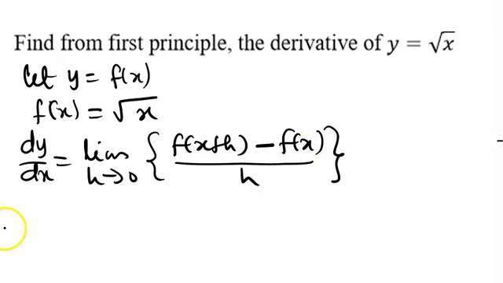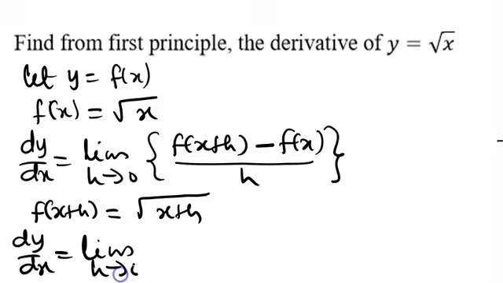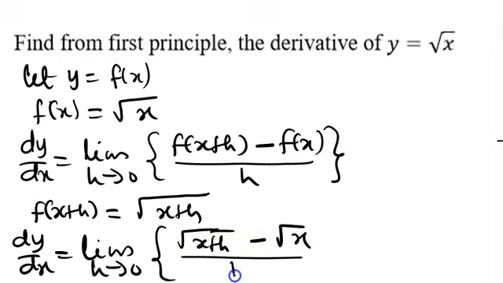Now f of x plus h is equal to square root of x plus h. So we substitute it in the formula: the limit as h tends to 0 of square root of x plus h minus square root of x over h.